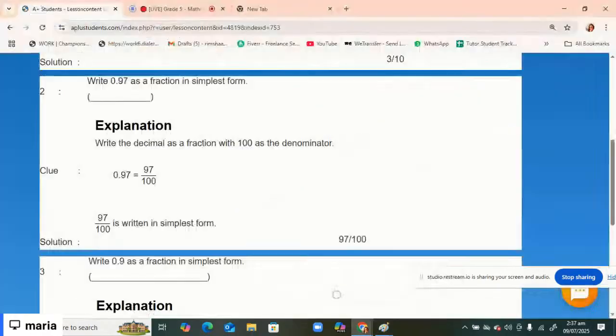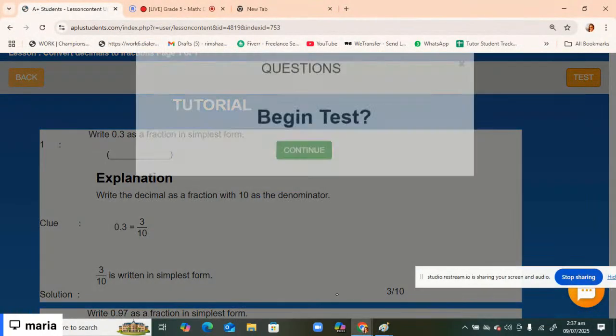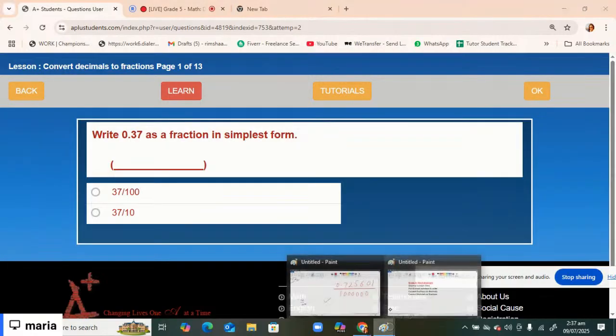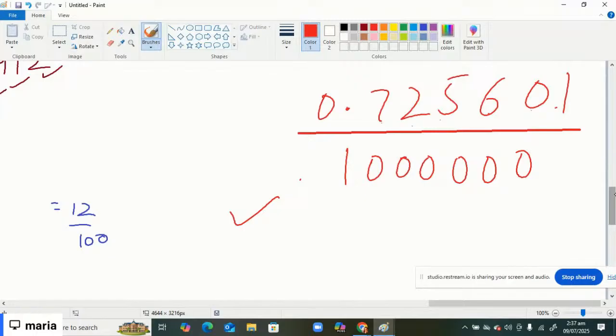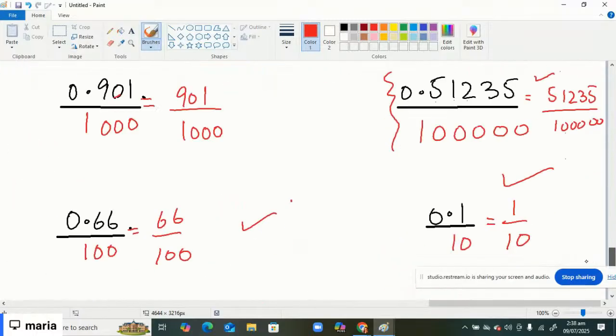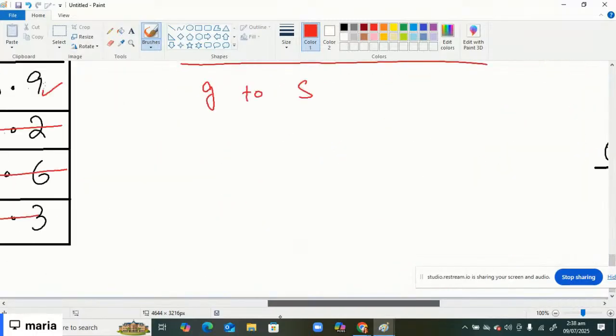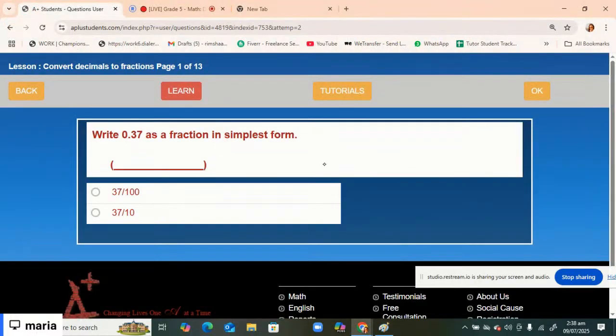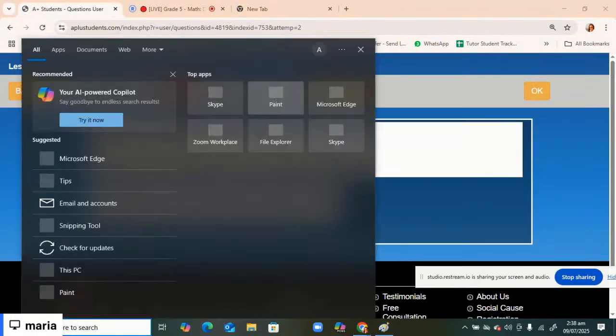Okay, now let's discuss some test questions. So 0.37 as a fraction in the simplest form. Let me just open the next new whiteboard.